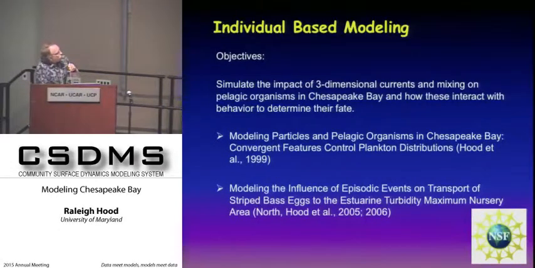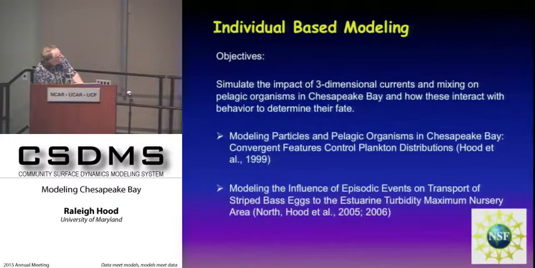So as an overarching objective, our goal is to simulate the impact of three-dimensional currents and mixing on pelagic organisms in Chesapeake Bay and how these interact with behavior to determine the fate of these organisms. And I'm going to show you two studies that I've been involved in. The first is a rather old paper called Modeling Particles and Pelagic Organisms in Chesapeake Bay, Convergent Features Control Plankton Distributions.